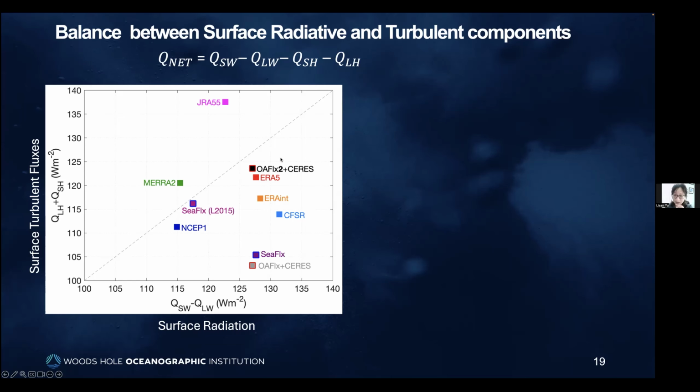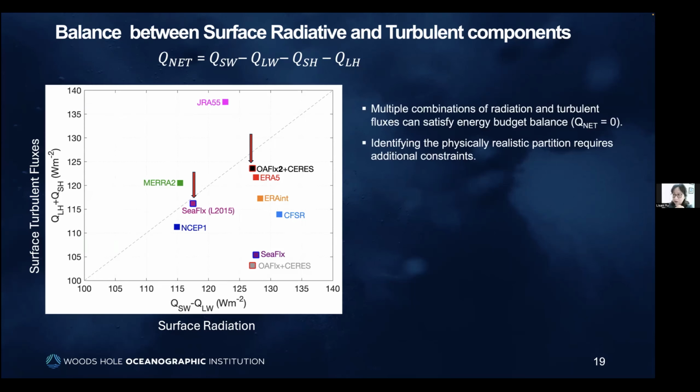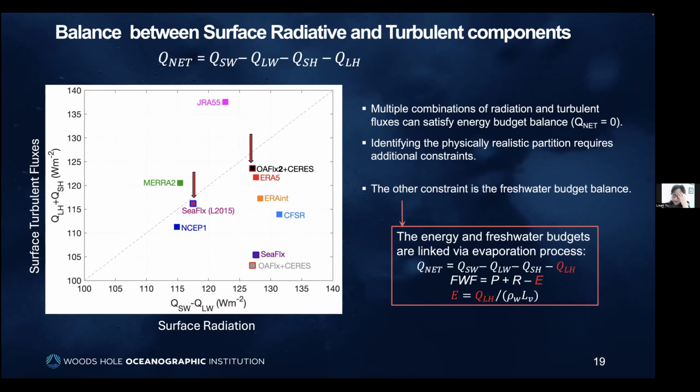And the good thing is that OAFlux2 versus CI5 is quite similar in terms of global energy budget balance. So multiple combinations of radiation and turbulent fluxes can satisfy energy budget balance. We really need to identify the physically realistic partitions, the best partitions among these products, and we need additional constraints.